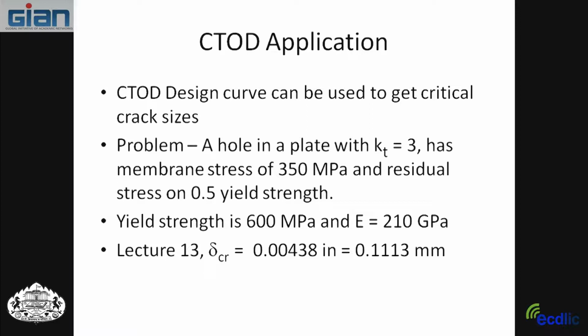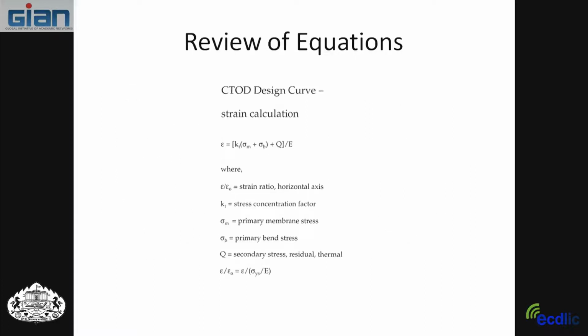If it's a really brittle, low toughness case, it would be smaller. In a lot of cases, it's not too much bigger. So all these things you have to remember: membrane stress 350, residual stress half the yield, yield strength 600, modulus 210, and this is the critical CTOD.